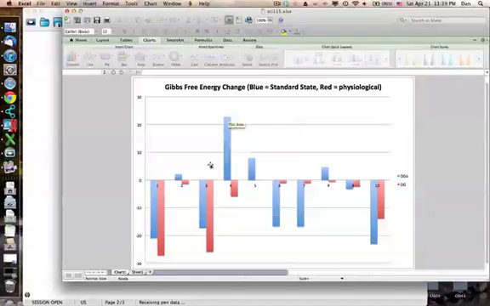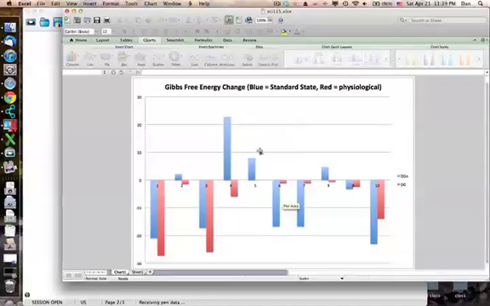But we also see that a number of them are highly non-spontaneous. And that means that the reactants are very much favored, and so the reactions don't progress. So we can talk about the individual steps that lead up to this process in this fashion.